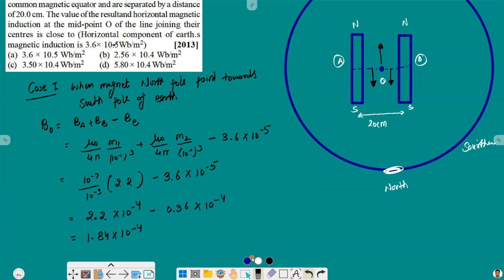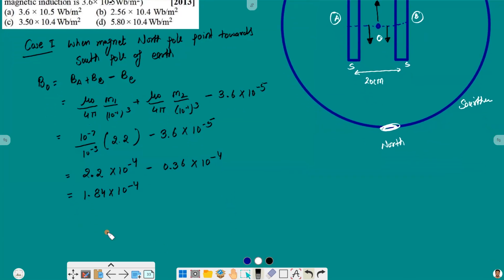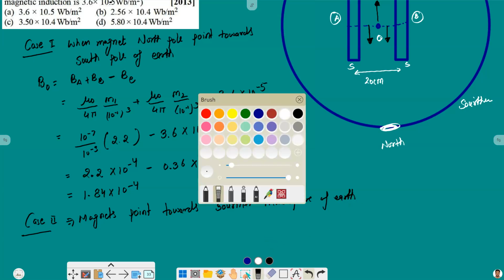So let's take the second case, case 2, that magnets point towards the southern hemisphere of Earth. Now what will happen in this case?